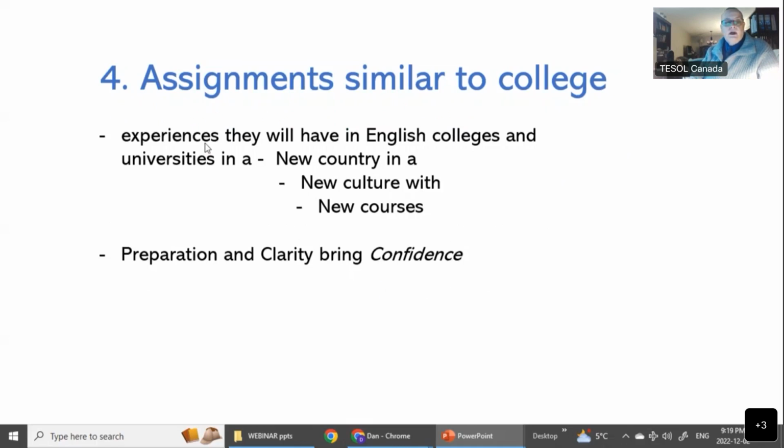So as you help them develop their abilities through real life assignments that are similar to what they would get in the actual college or university classroom, then you're going to help build their confidence tremendously.